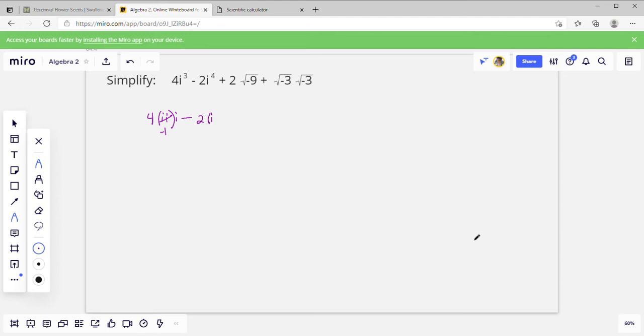So we've got 2 i's right there and 2 i's right there. So that part's going to be -1 and that part's going to be -1. Alright, plus 2 times, okay, so that would be a square root of 9i plus square root of 3i times the square root of 3i.